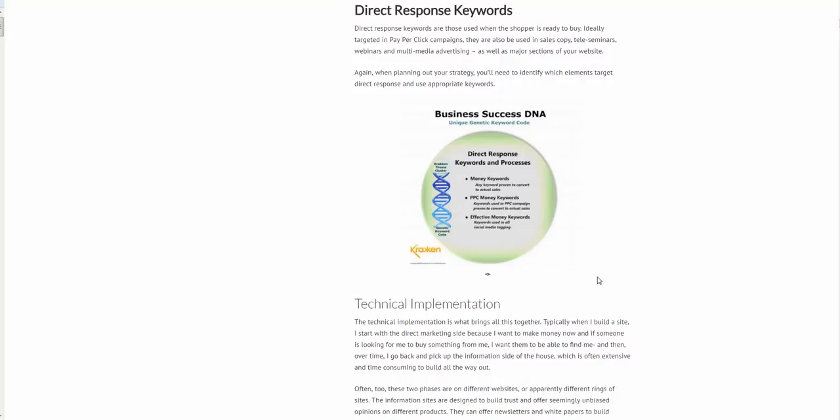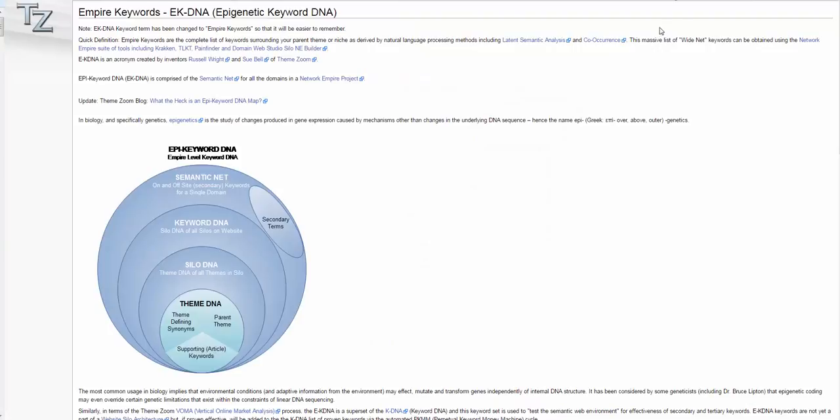People look at this and have a light bulb moment when they realize that it's even possible to do this kind of thing, because that takes you ultimately over to the EK-DNA. A lot of people never really understood that these things are possible or that they even needed to be aware of them. And then it creates a new way of looking at the world and the web and the profitability of your online business.